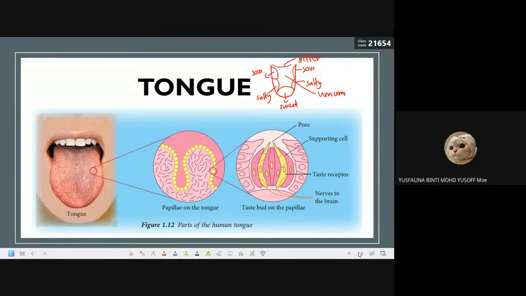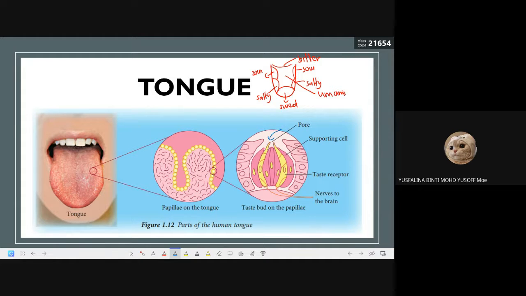All right, so I just explain again. When you eat something, you eat mango, and you chew the mango, then it dissolves in the saliva, then the saliva will go to the pore here. Then you can see here they have the taste receptor. It will dissolve here and go to the taste receptor.